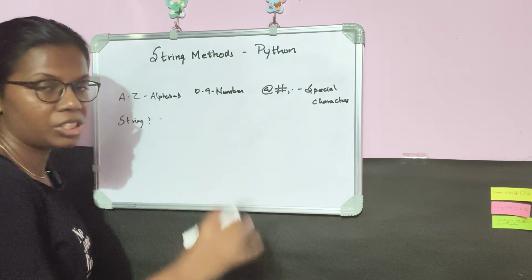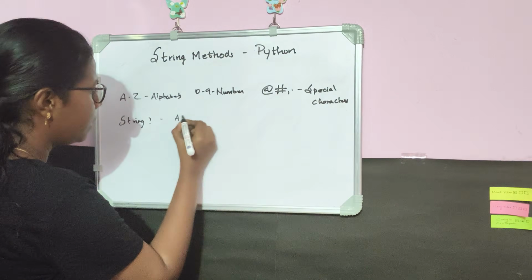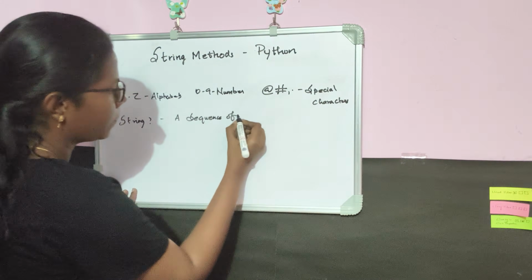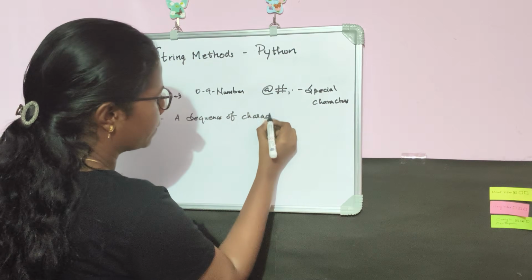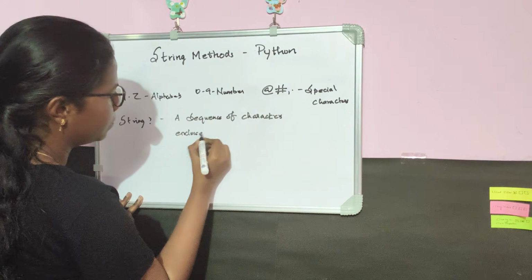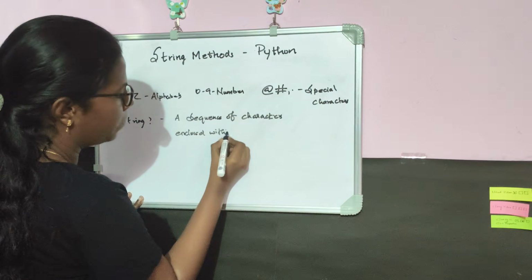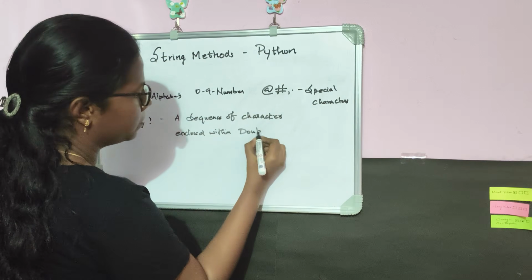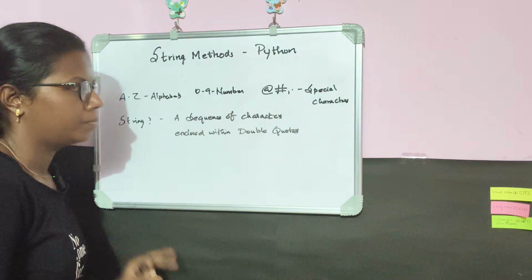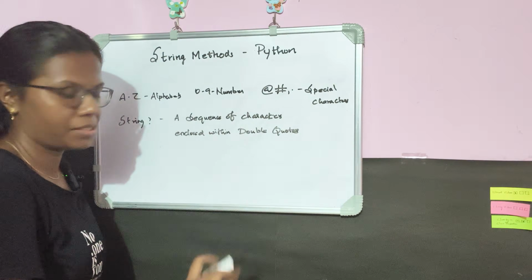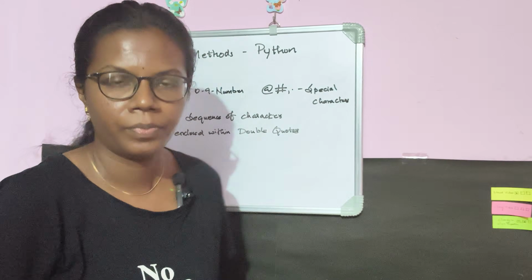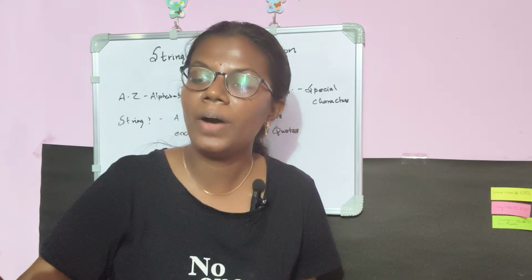You'll get an official definition as a sequence of characters enclosed within double quotes. So these are all the characters. It might be an alphabet, it might be a number, it might be a special character. I mean any character that you have on the keyboard.